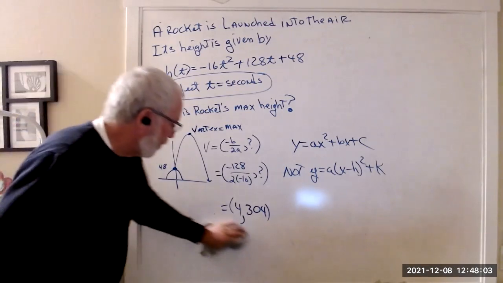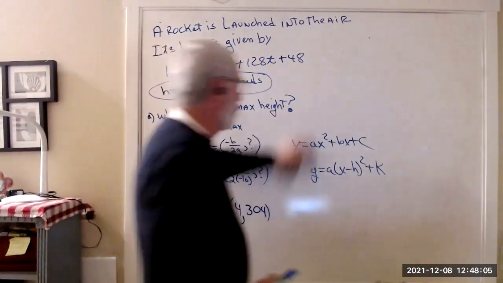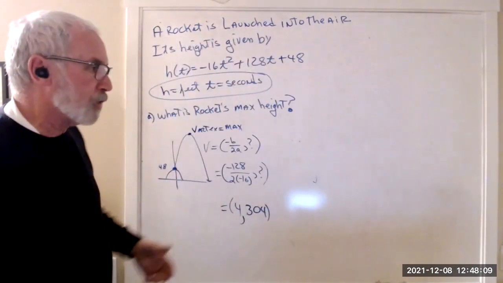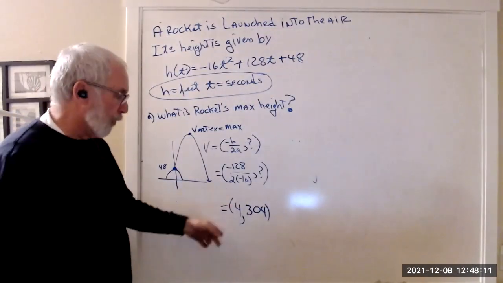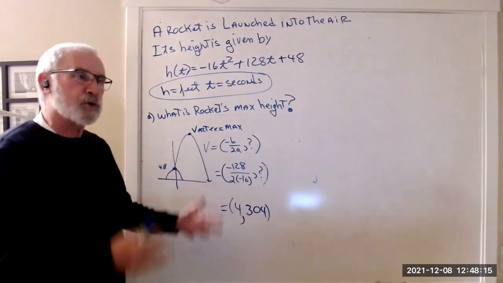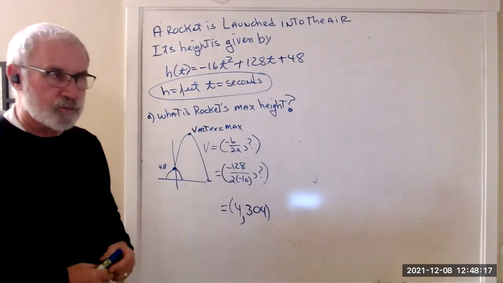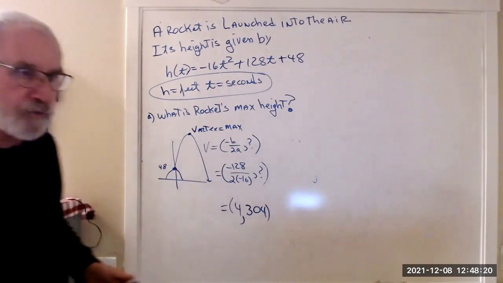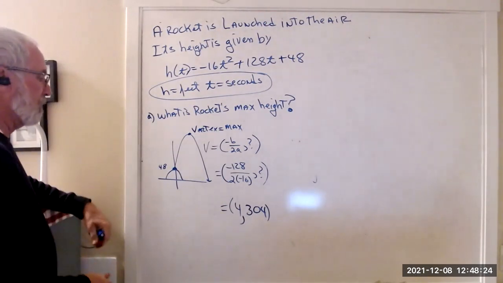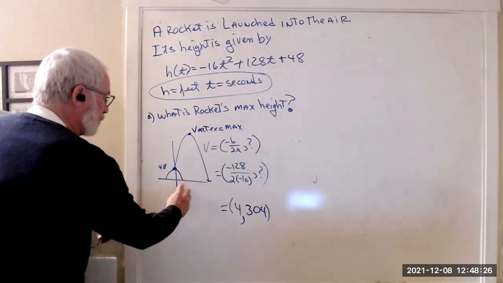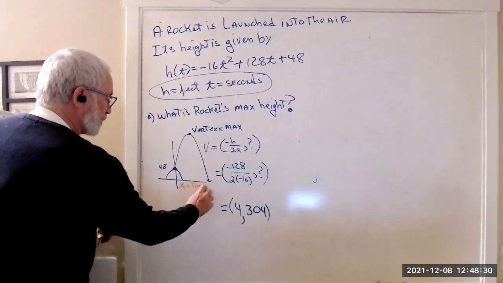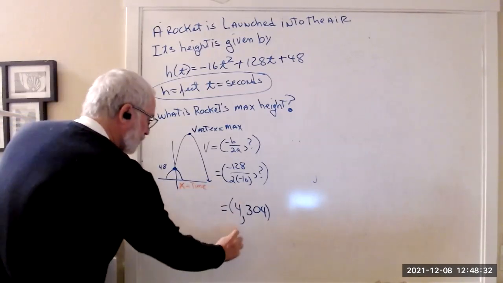Now, the question is, what does that represent? In pure algebra, you go, well, that's the vertex, 4, 304. So what? This isn't pure algebra. This is a word problem. So the 4 represents the time, because what used to be the x-axis has become our time axis.